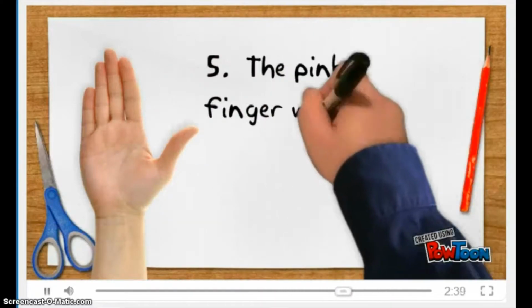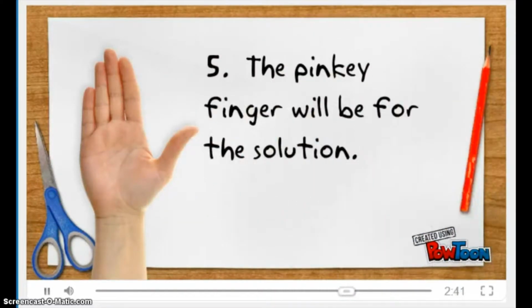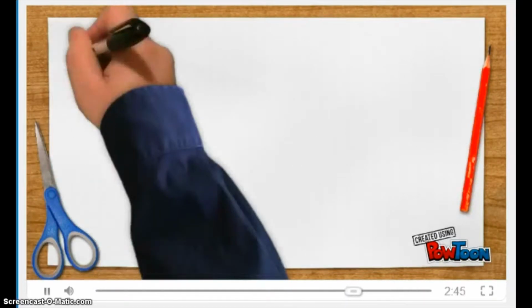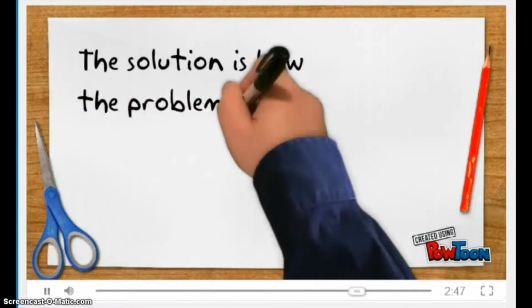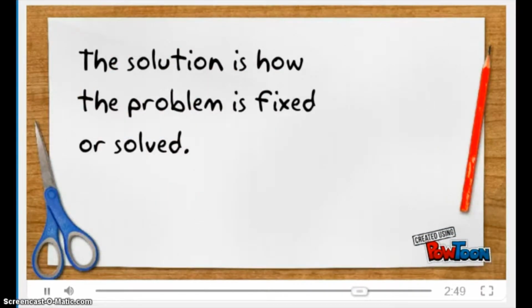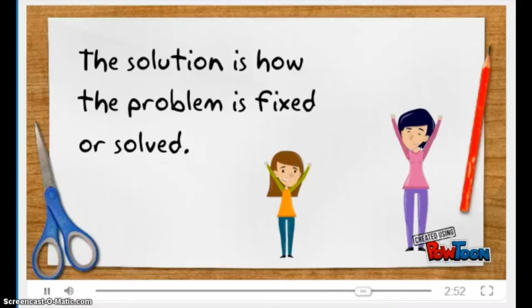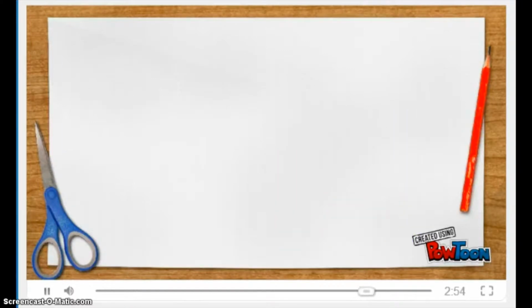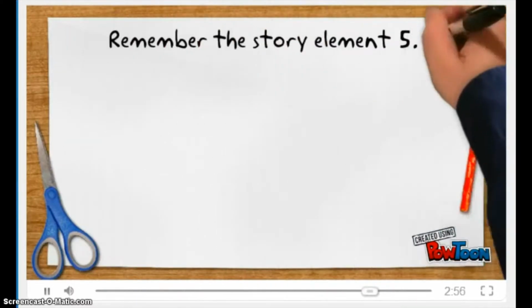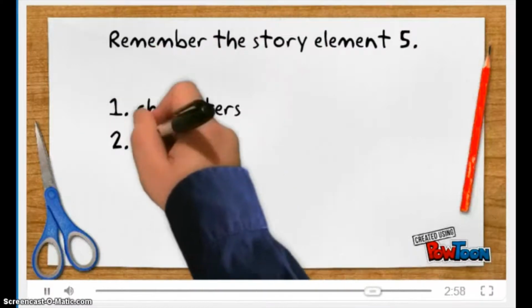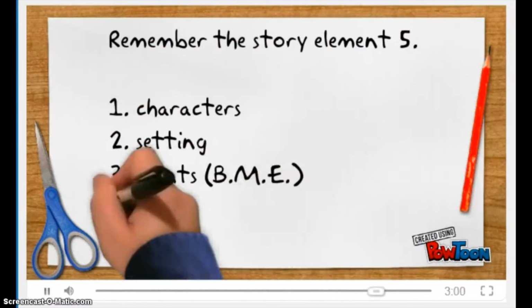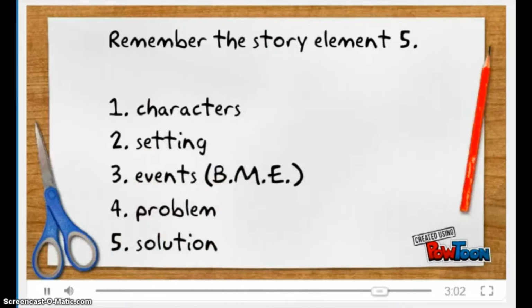And number 5, the pinky finger will be for the solution. The solution is how the problem is fixed or solved in the story. Remember the story element 5: characters, setting, events, beginning, middle, end, problem, and solution.